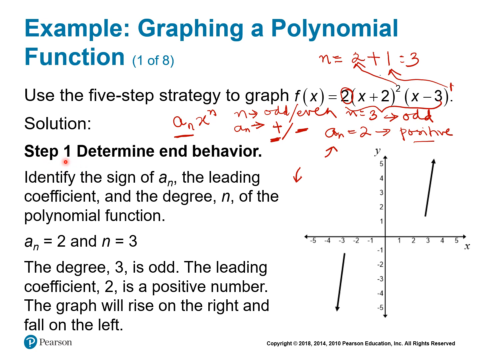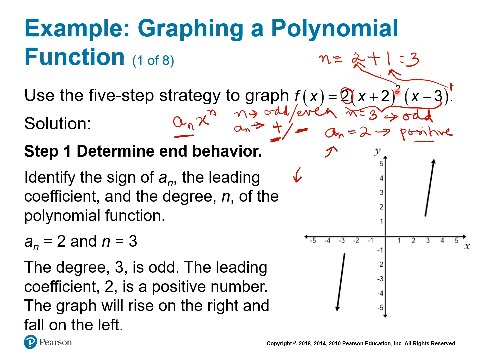So I'm going to read through step 1. It says determine end behavior. Identify the sign of a sub n, the leading coefficient, and the degree n of the polynomial. So a sub n is 2, and n equals 3. Here too they use 3 for the value of n, and I just explained how they get 3.